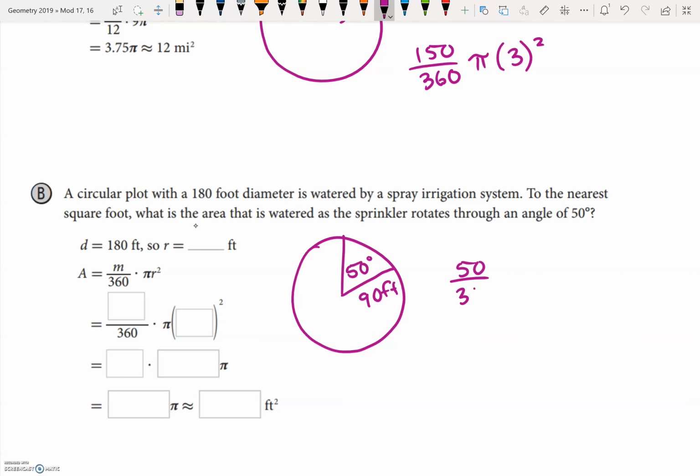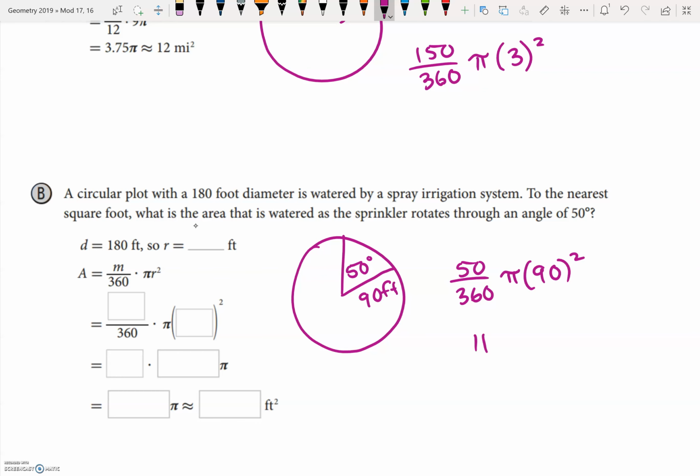So we have 50 over 360 times pi times 90 squared. So 90 squared is kind of a large number. I'm going to multiply that by 50, so that's 8100 times 50 divided by 360.